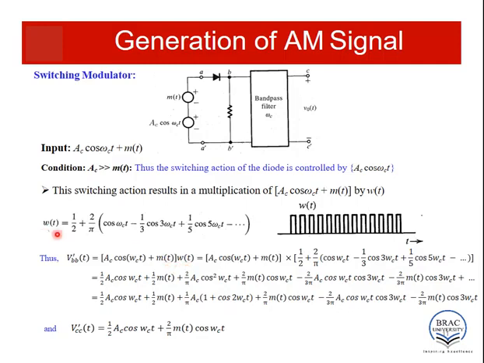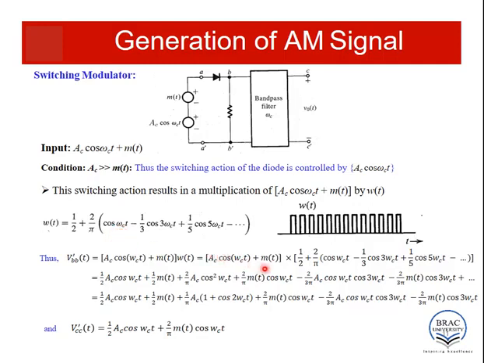w(t) has a Fourier series expansion like this. The Fourier series was taught in the signals course, so I am not going into the detail, but one thing: the fundamental frequency of this Fourier series is ω_c. That is because the switching operation is controlled by the carrier signal and the carrier frequency was also ω_c.